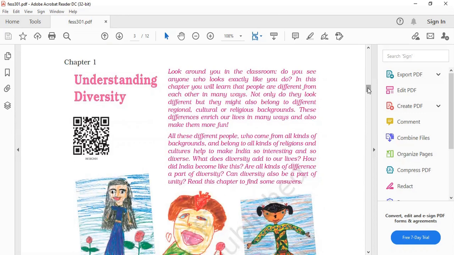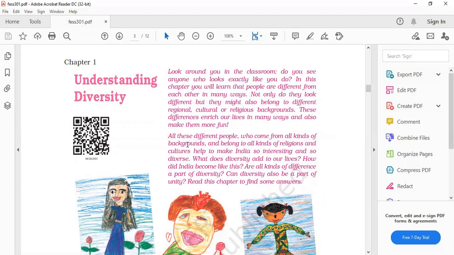You can read this chapter, but here underline these lines: all these different people who came from all kinds of backgrounds and belong to all kinds of religions and cultures help to make India so interesting and so diverse.